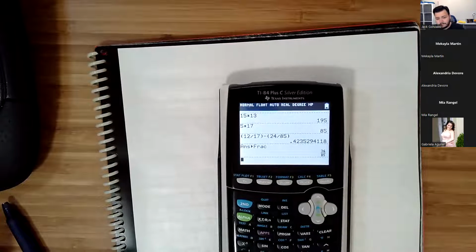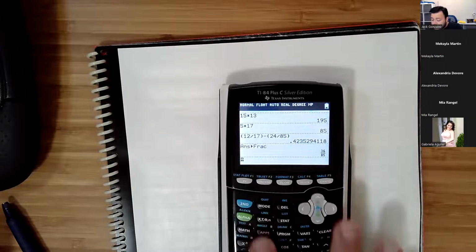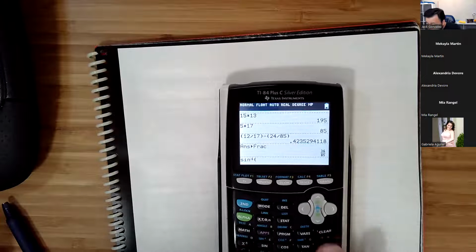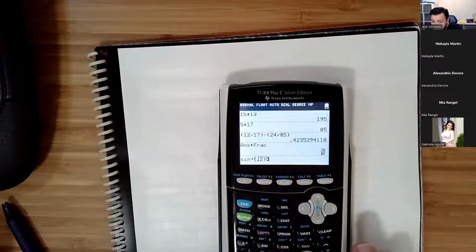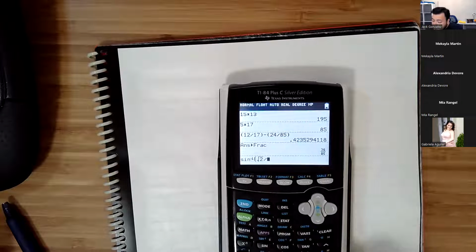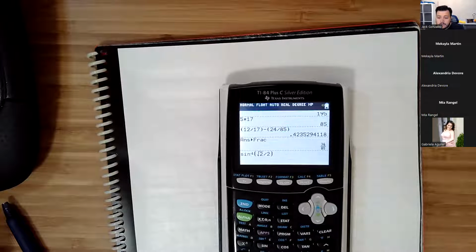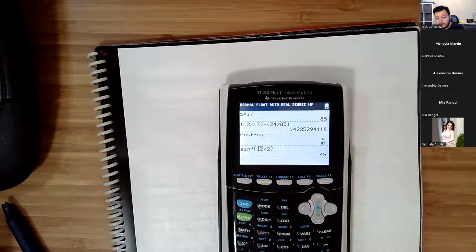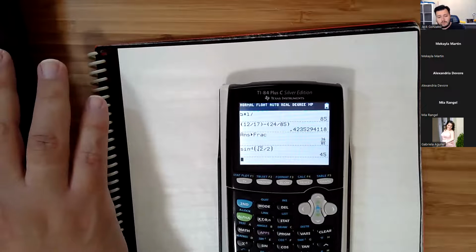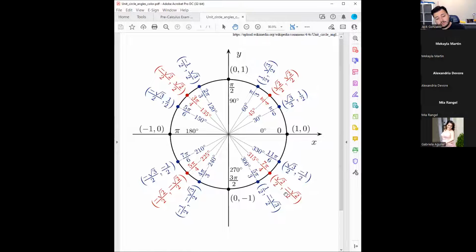Sine inverse of square root 2 over 2 is going to give me 45 degrees. Now, let's say I wanted the answer for negative square root 2 over 2.